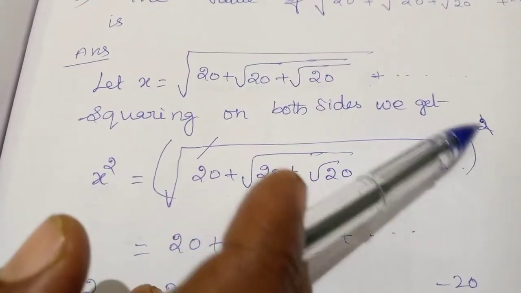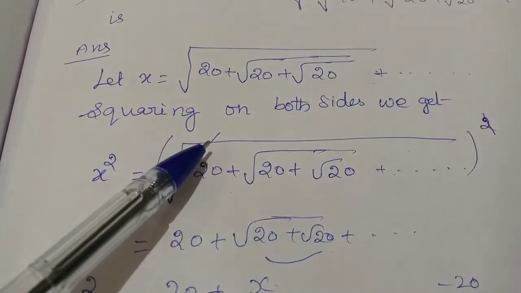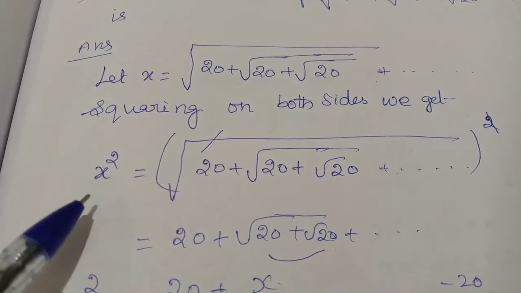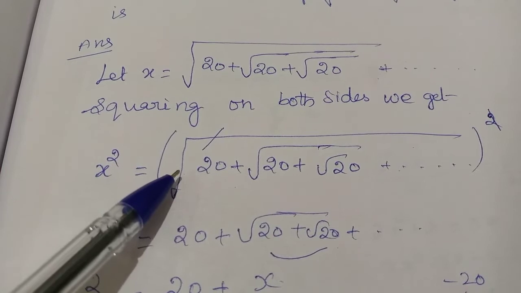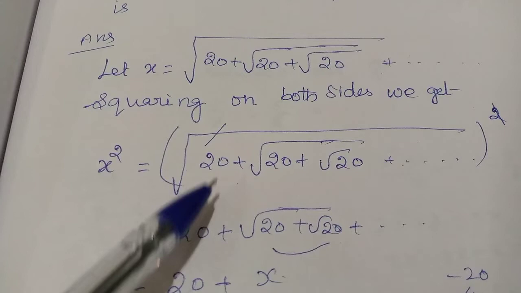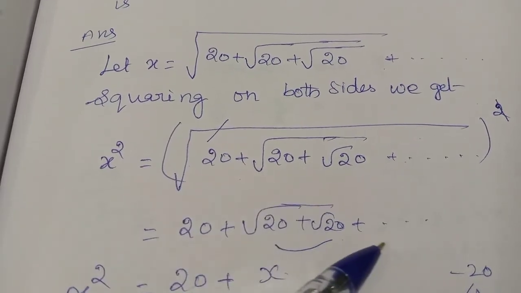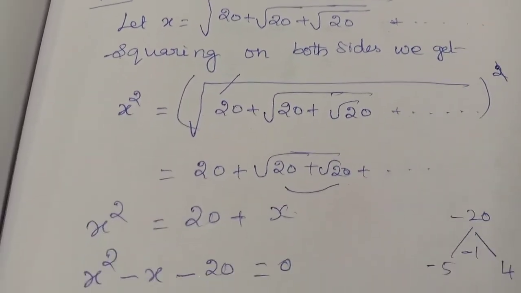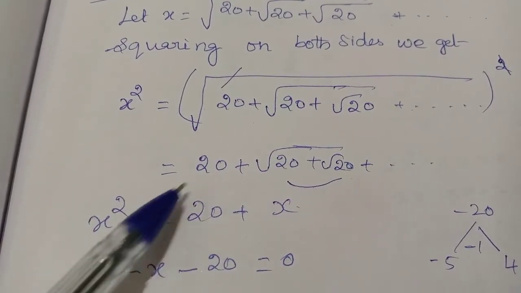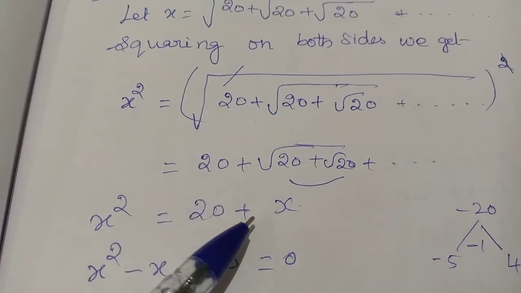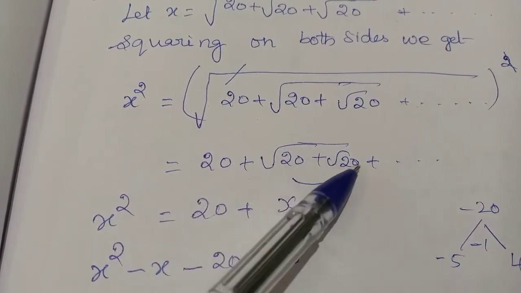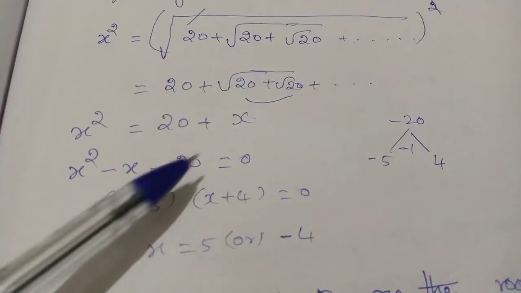Now this square and this square root can be cancelled. So what is remaining? x square is equal to, since we cancelled the square root, 20 plus square root of 20 plus square root of 20 plus etc. Now x square is equal to 20 plus again square root of 20 plus square root of 20 plus x.